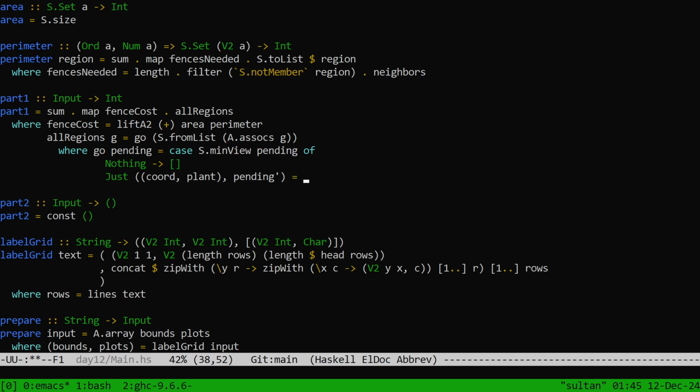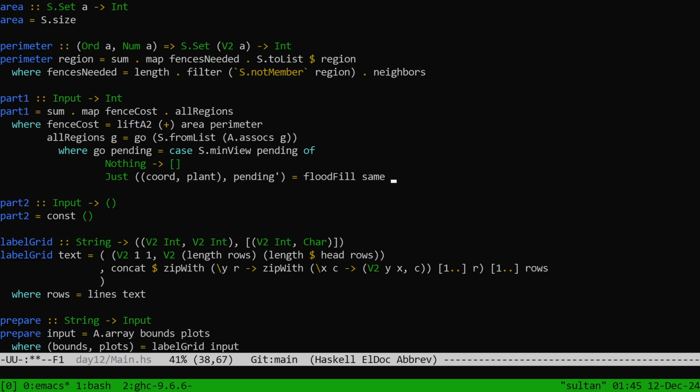Is flood fill, what's a word for their flood fill?